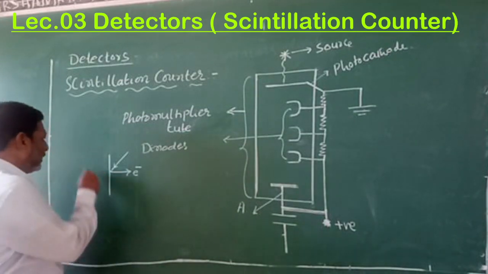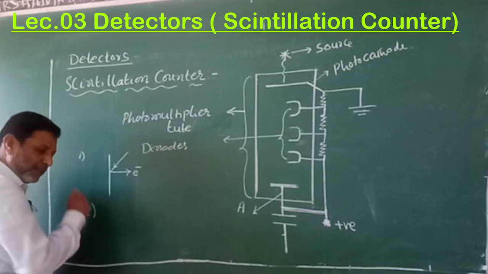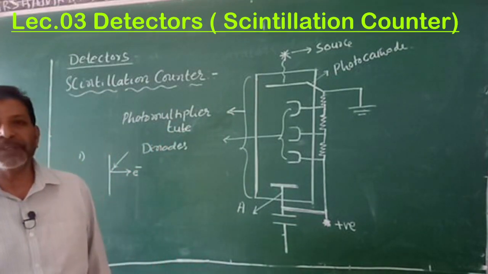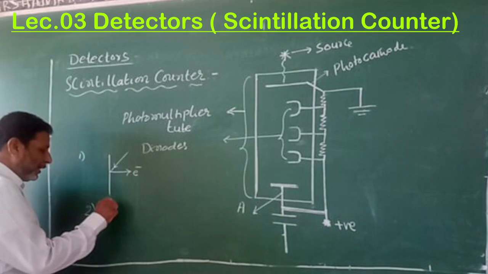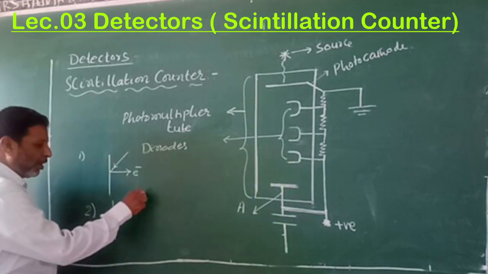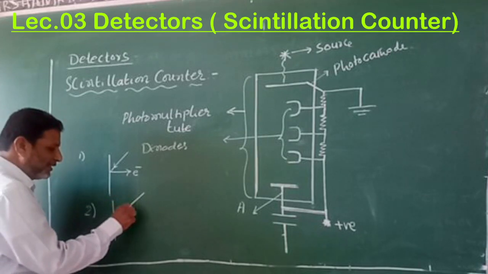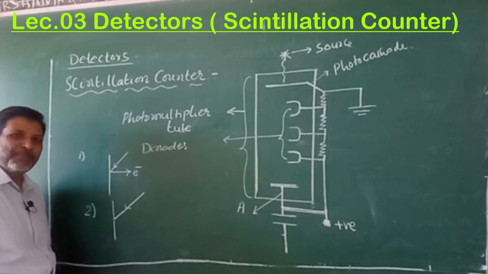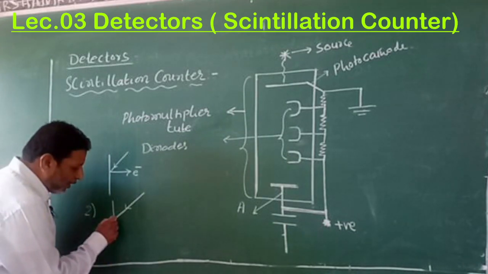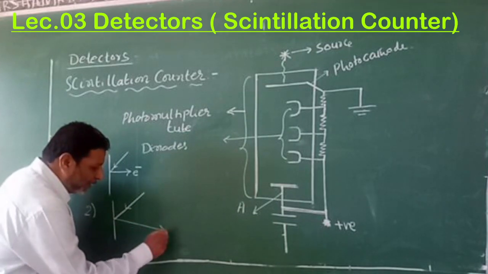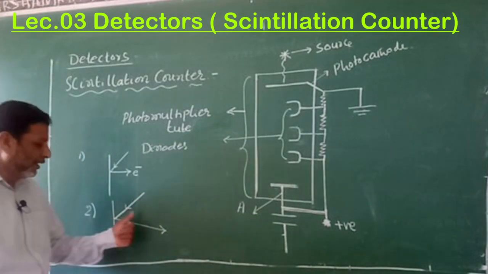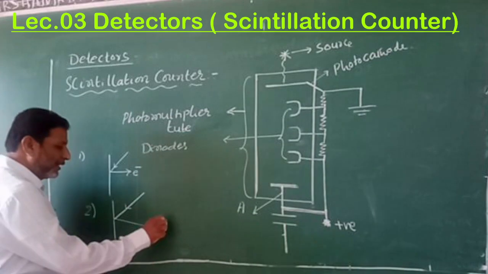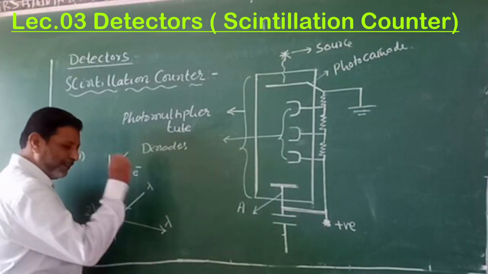The second one is the Compton effect. I think you might have studied the Compton effect in the 5th semester, isn't it? What is that? When a photon of certain energy is incident on any metal surface, it was found that the wavelength of the reflected or deviated or scattered light is greater than the wavelength of the incident light.